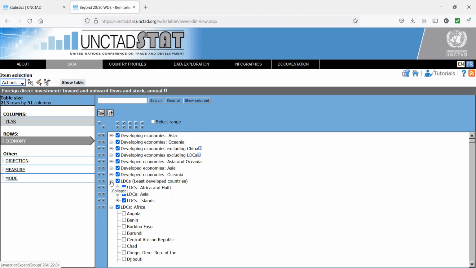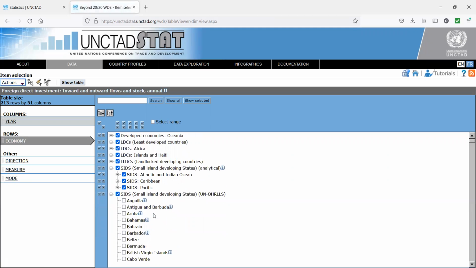You have least developed countries in Africa. You have least developed countries, Iceland and Haiti. You have least developed countries, landlocked developing countries.